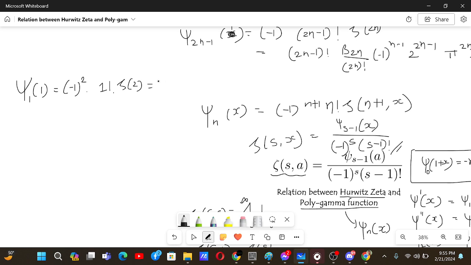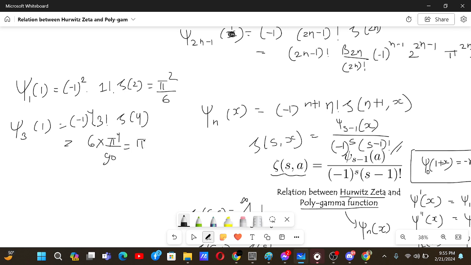So this is just pi square by 6 itself. If you want to find digamma 3 of 1, this is also minus 1 to the power 4 and then 3 factorial and then Riemann zeta of 4. Yeah, this is just 6 times pi to the power 4 by 90. This is pi to the power 4 by 15.